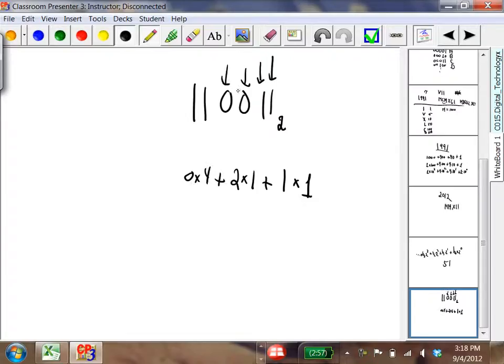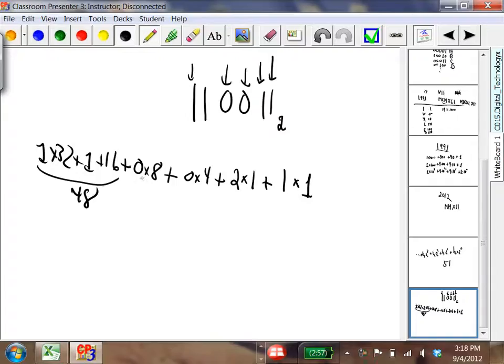This 0 here gets multiplied by 8. This 1 here gets multiplied by 16. This one here gets multiplied by 32. So 32 and 16 is 48. 0 plus 2 plus 1, 51. All right.